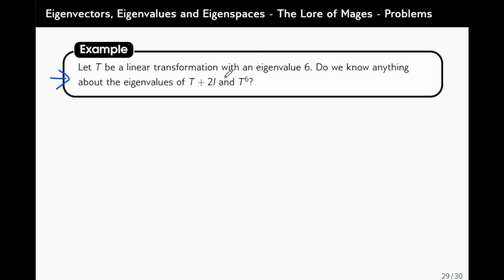We should think: T is a linear transformation with a skill 6. Skill 6 means that there is a mage with skill 6, or else there's no skill. So if you have a mage V with skill 6, what will happen?